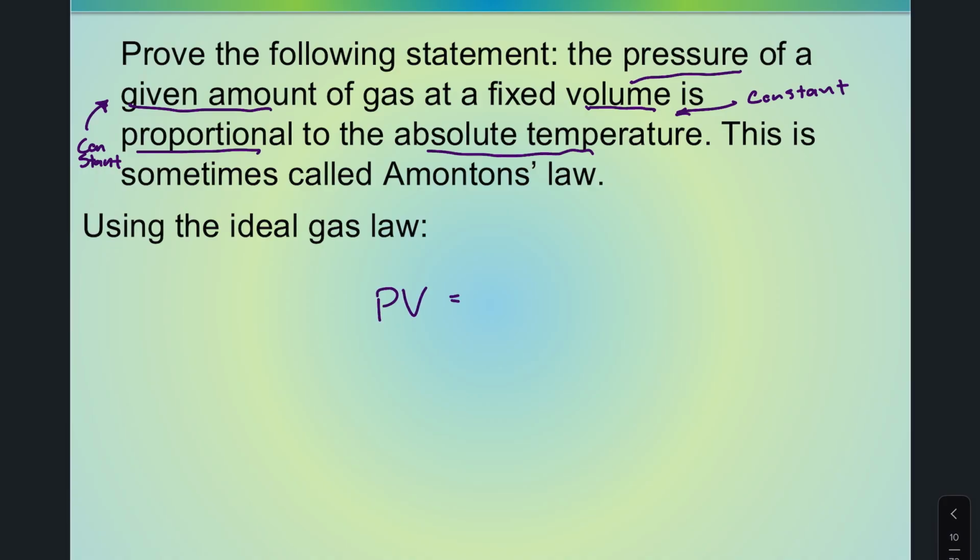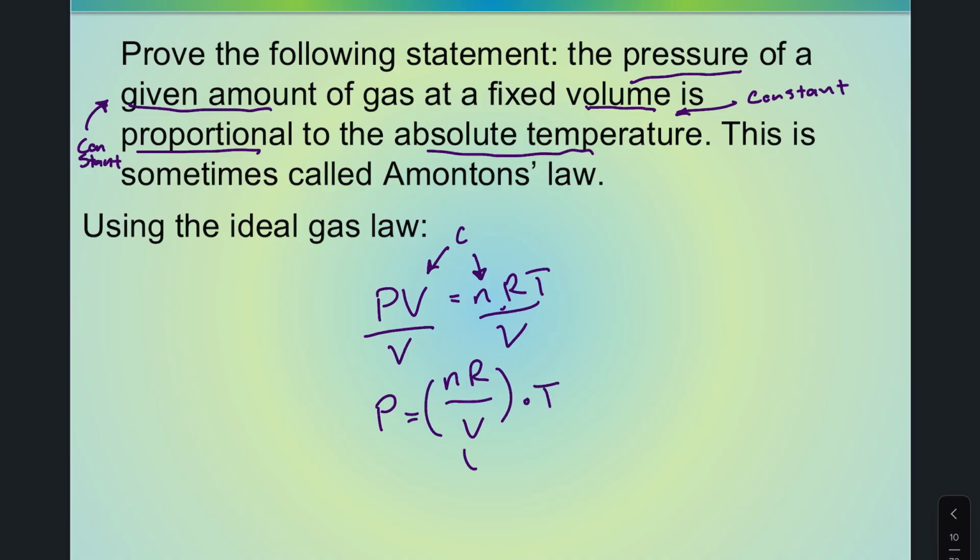PV equals nRT. And so the volume is constant, and so is the number of moles. Those are both constant. So we'll put them all on the same side, and we're going to do exactly what I did before. We'll divide by volume on both sides, and we will say that P equals nR over V times T. I'm going to separate that so we can see what the constants are.